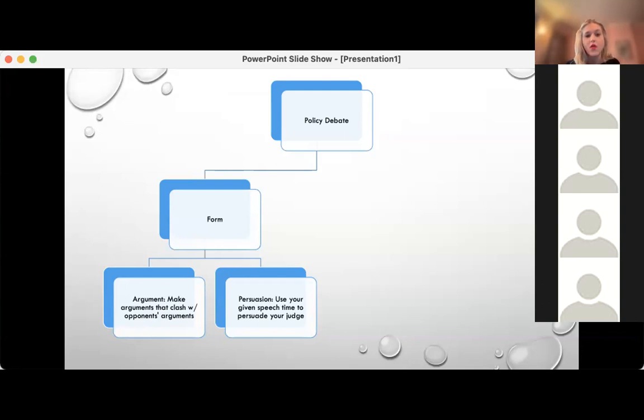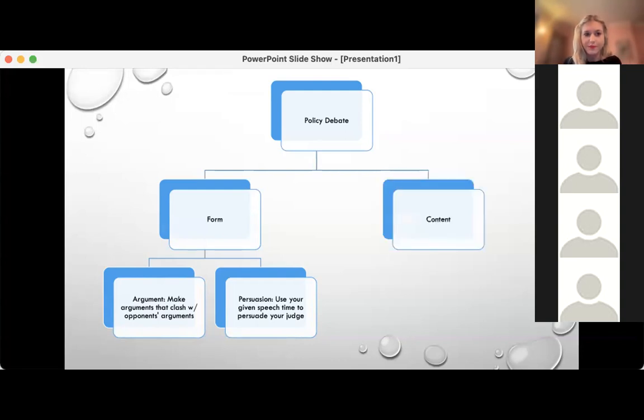It's still an oral speech activity. And so you need to persuade the judge. Having good arguments and having a persuasive style is key to nailing down the form of being a policy debater.